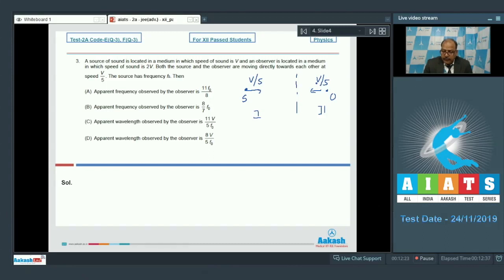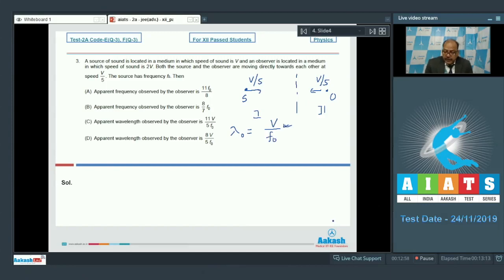Well, what we can do is find the wavelength of the wave between S and O in medium 1 first. So if the source had not been moving, then let's say the wavelength would have been lambda naught in medium 1, and that lambda naught will be equal to the speed of sound, which is v in medium 1, divided by f0.